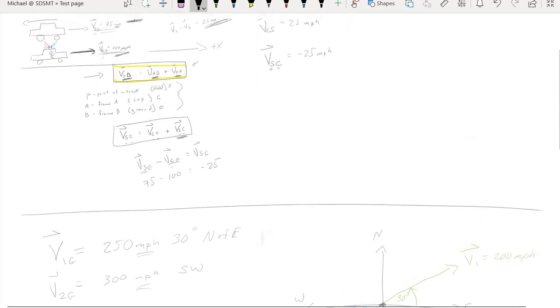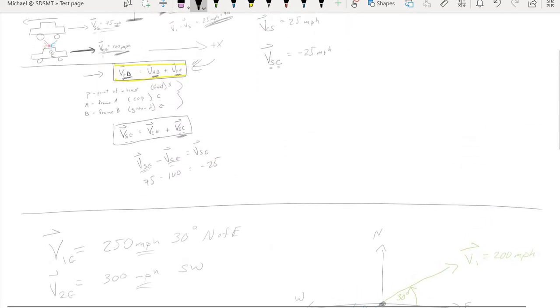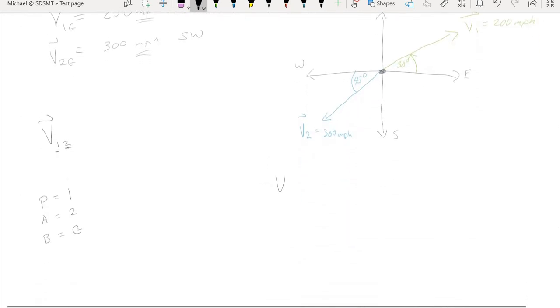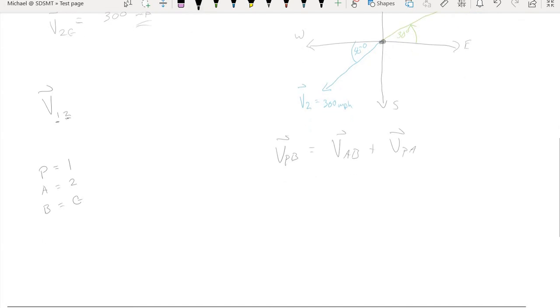So we'll go back up and we'll grab that relative velocity equation again. V of PB equals V of AB plus V of PA. And we're just going to rewrite the subscripts for what we have in this problem statement.